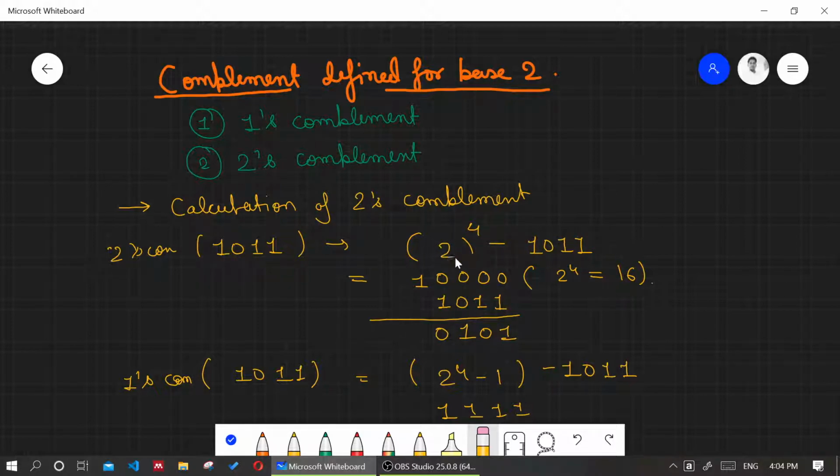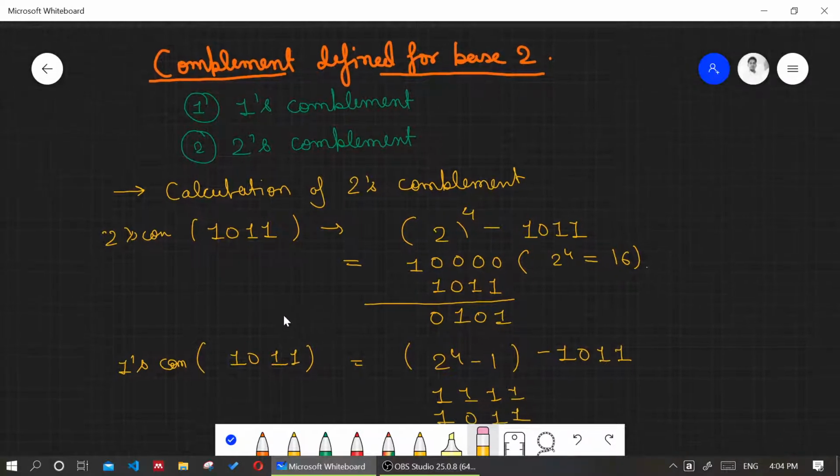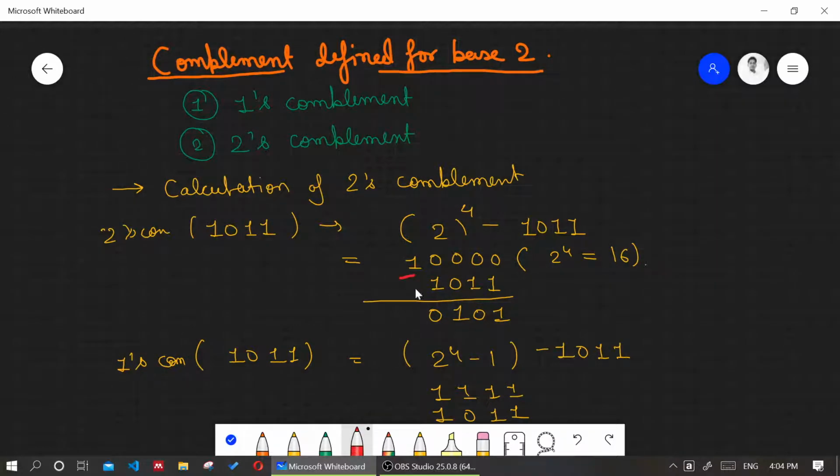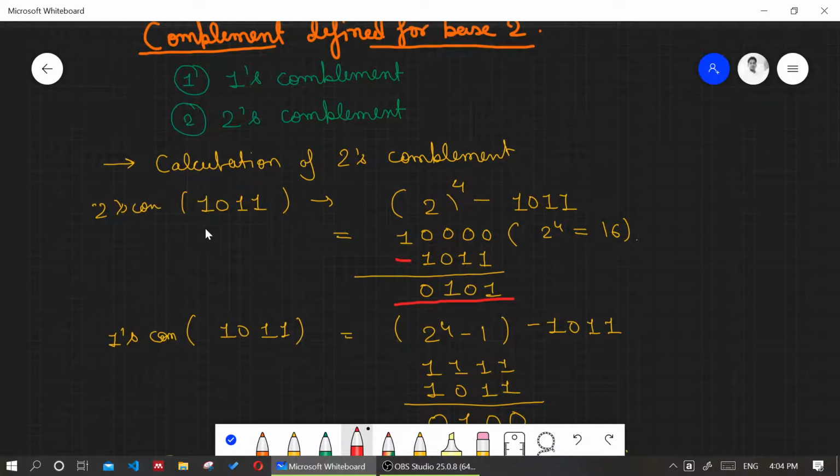Write this value in binary form only, because you need to subtract it from a binary number. So 2 raised to the power 4 is 16, that is 10000, and 1011 is subtracted from that value. It gives you 0101. This is the twos complement of the given number.